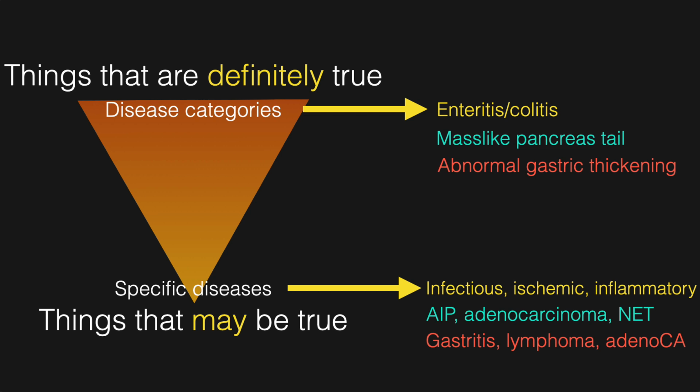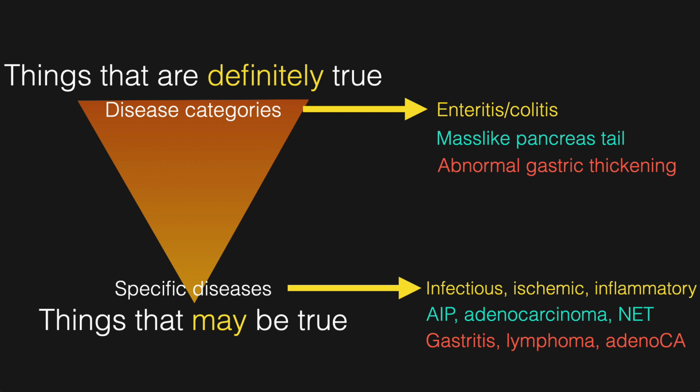You can start with abnormal appearance of the pancreas and then explain why it looks abnormal, and then provide a differential for that abnormality. The last example is abnormal thickening of the stomach, which is a fine category to start your impression with, and then you can get into specifics, knowing that ultimately the patient will need an endoscopy to sort things out.